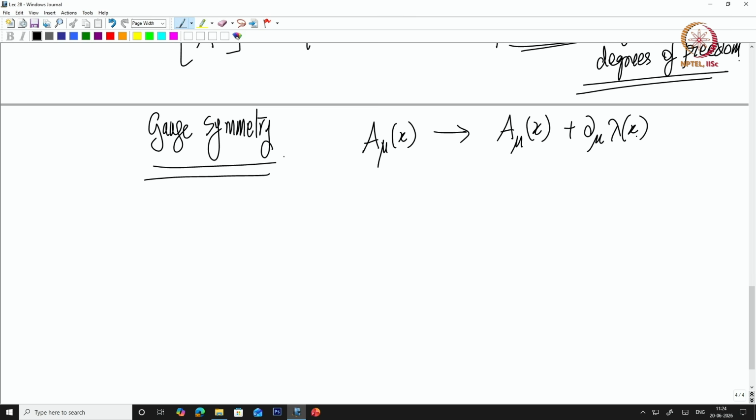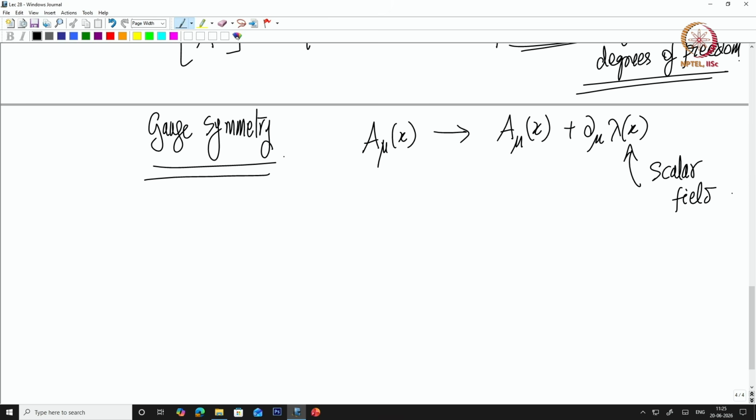You can always change A mu with a derivative of lambda of x, where lambda is some scalar field, and nothing changes. The equations of motion, the Maxwell's equations, cannot determine A mu completely. They can only determine it up to A mu plus del mu lambda of x.